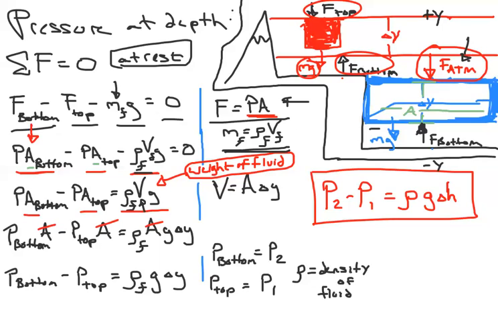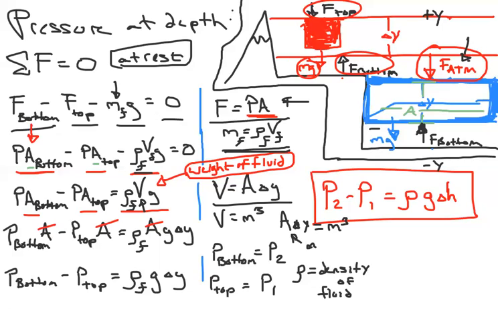And then I see I have this volume here, and so I can exchange that volume for area times delta y, or any kind of displacement. See, volume has units of meters cubed, right? And area times displacement also has the units of meters cubed.